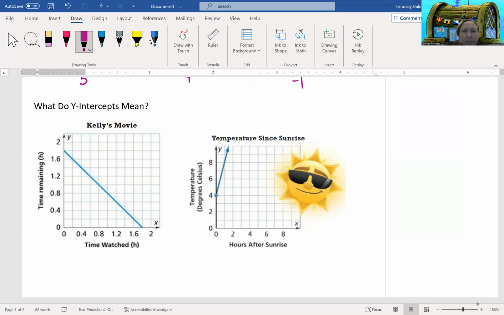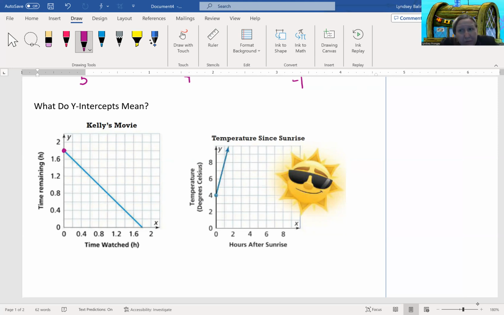So it's always important to first look at what the axes are representing. We know, hopefully, even though it's just the first quadrant here, because we can't have negative time, we don't care about the negative parts of the graph, which is why we're only dealing with the first quadrant where everything is positive.